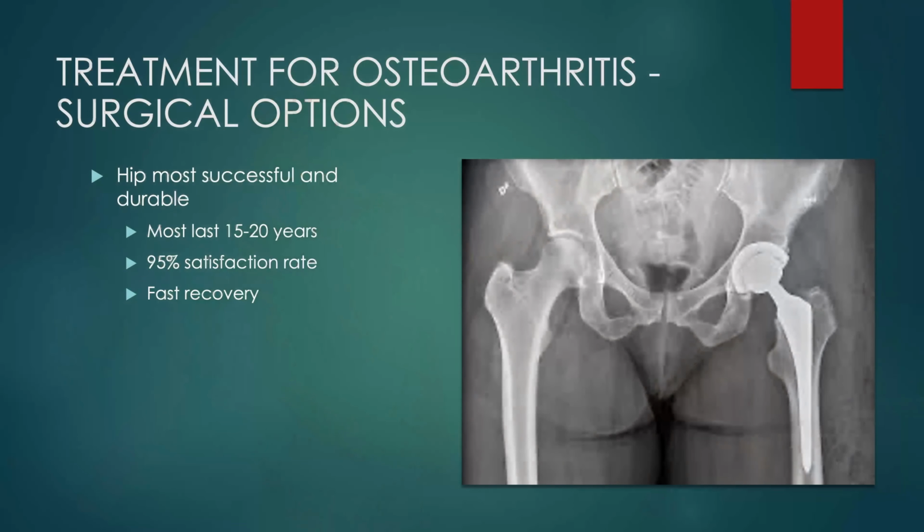So in terms of replacements, the hip is by far the most successful and the most durable replacement. It's a very simple joint, especially compared to the shoulder. As I've said here, most last 15, 20 years, very high satisfaction rate post-hip replacements, and you tend to have a very fast recovery.